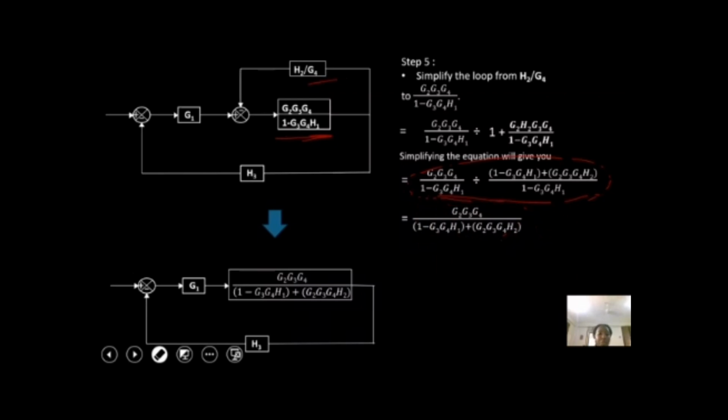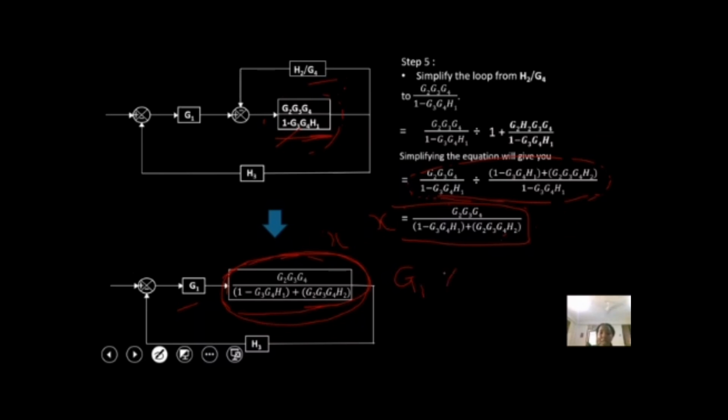So we come and put this whole equation. We can't put this whole equation inside the block diagram because if we use this whole thing over here, we are getting this equation right now. So we can't put it inside the block diagram. And we know that G1 is multiplying this whole equation over here. Let's say this is X right now. So X is representing this equation. So G1 multiplied by X in this situation.